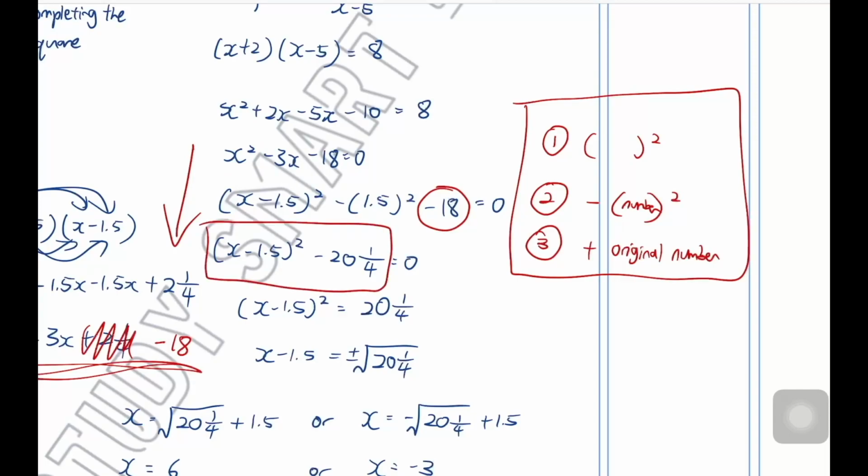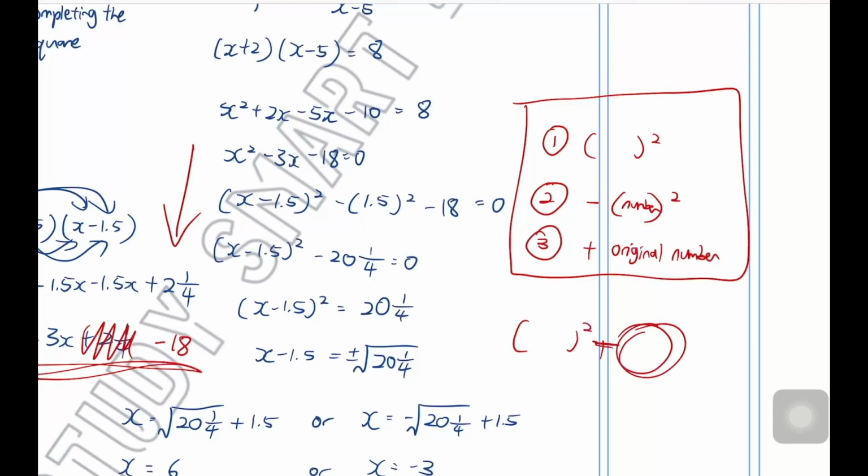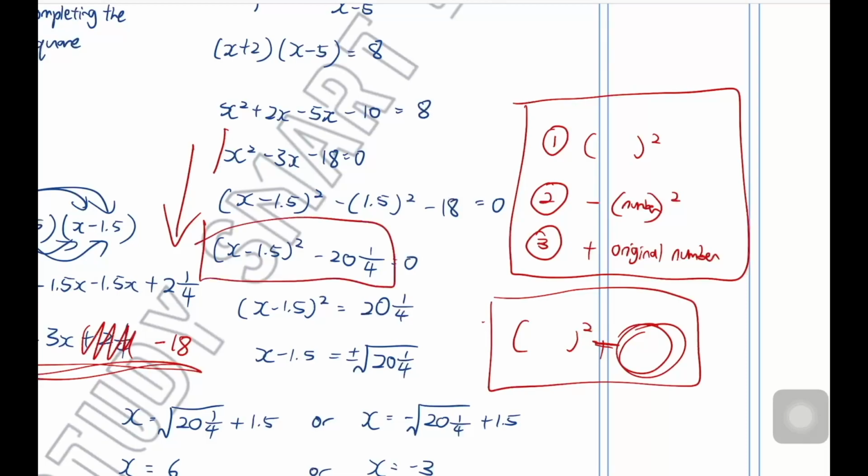If you successfully did so, you will end up with something in the form of a bracket square, and then you have numbers. It can be plus, can be minus. And if you expand this, you should get back the original quadratic equation. So with that, you have done completing the square.